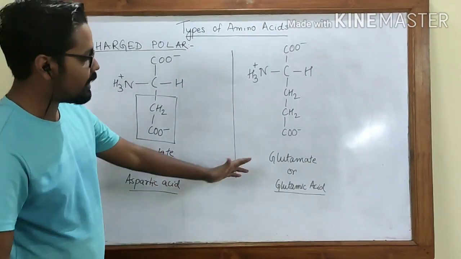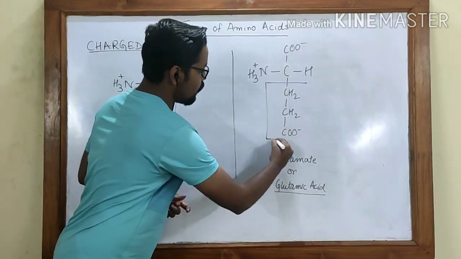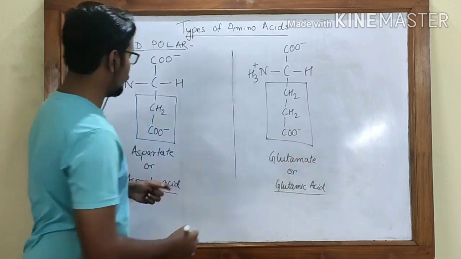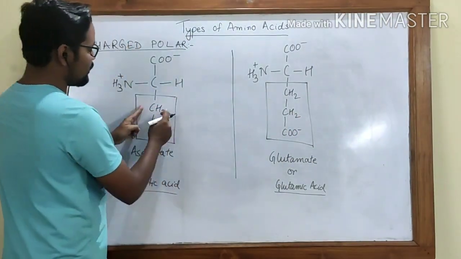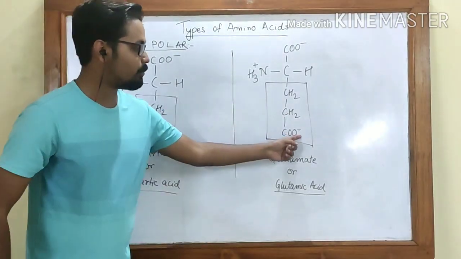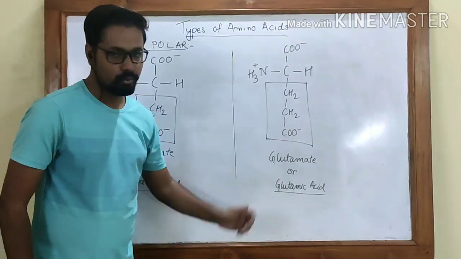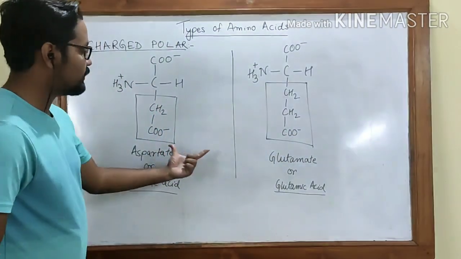Then we have glutamate or glutamic acid. In this case, this is our side chain, with only one extra CH2 attached compared to aspartic acid or aspartate. Here we have CH2CH2COO minus. So this carboxyl group gives the negative charge to glutamic acid, making it a negatively charged amino acid.